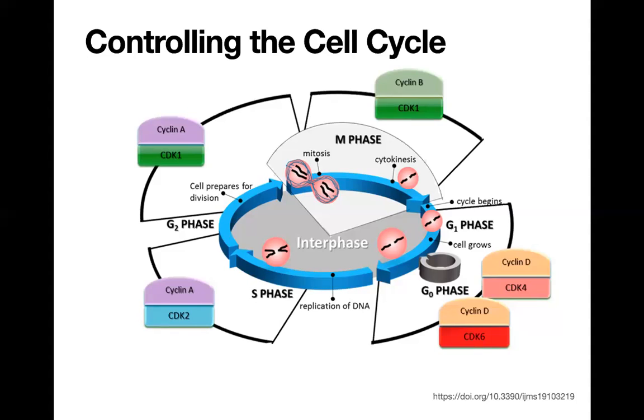When it gets to a particular size, you initiate S phase. S phase is where you get replication of DNA, replication of organelles like mitochondria. The G2 phase is kind of the quality check as a cell prepares for division, and then you get M phase again.